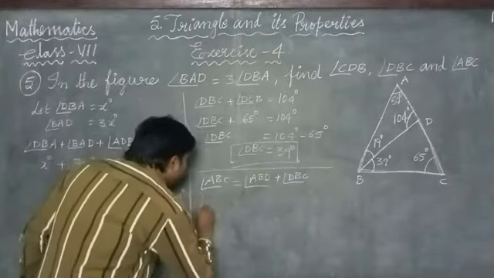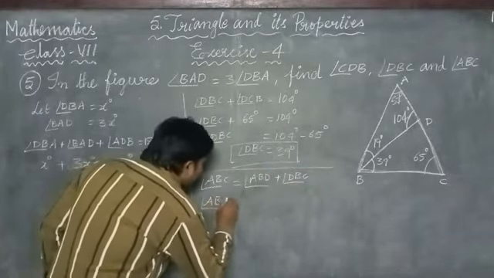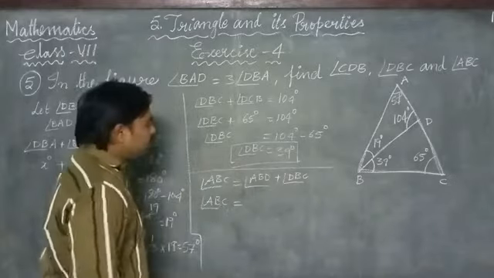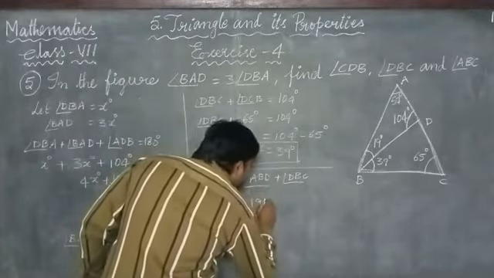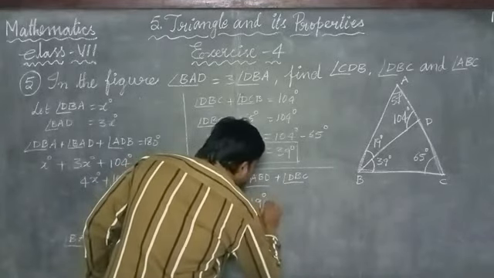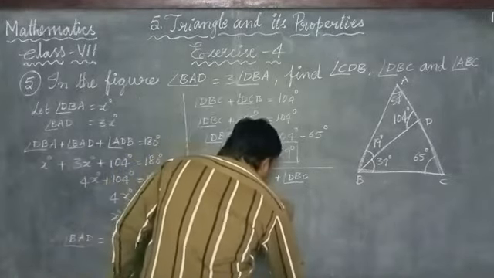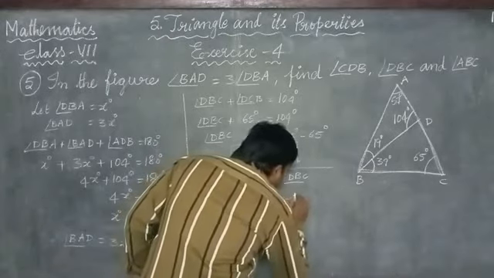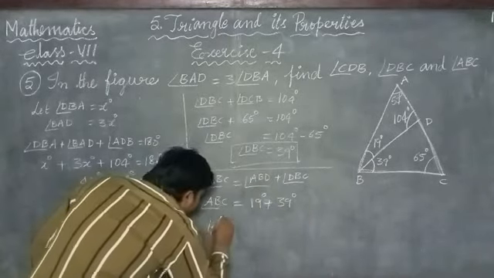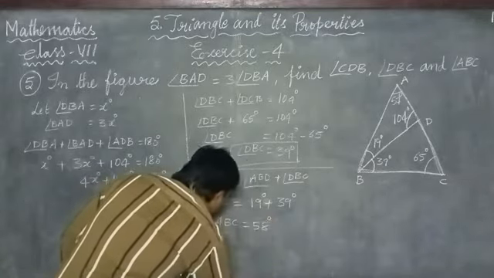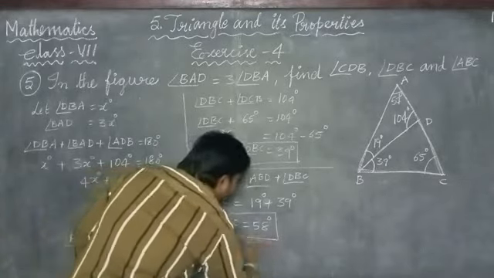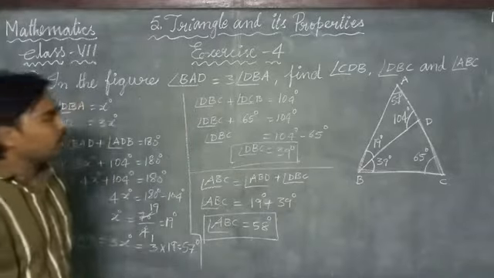Then angle ABC equals ABD, which is 19 degrees, plus angle DBC, which is 39 degrees. Then finally angle ABC equals 58 degrees. This is one of the angles we had to find.